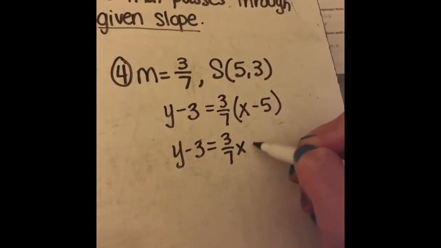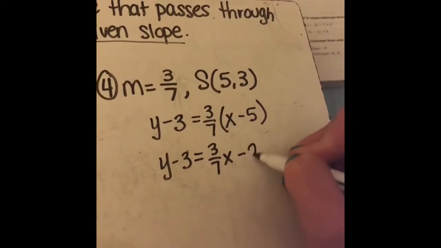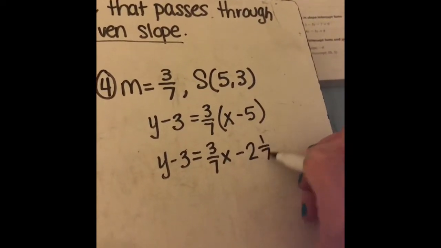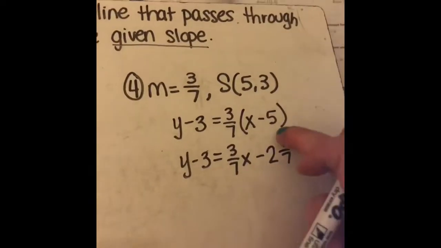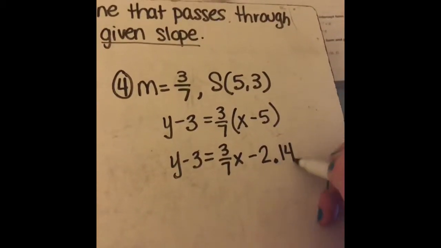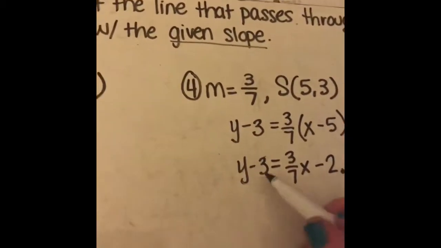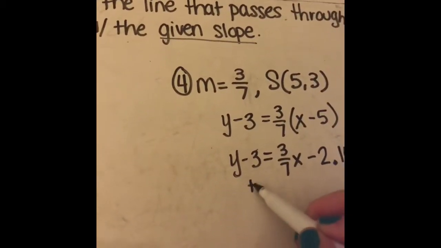I think I'm gonna leave that as minus 2 1/7, which is really 2, we'll put 0.144. Okay. Then we'll go ahead and add the 3.